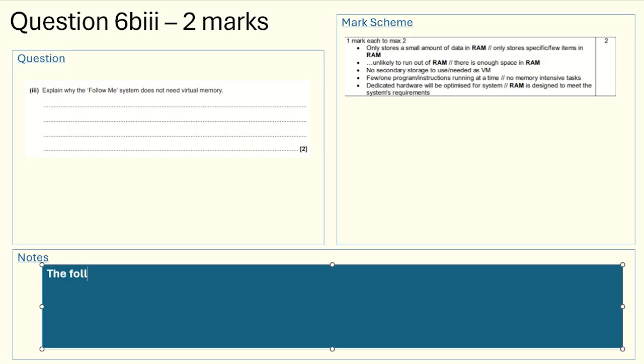So we could say the follow me system only stores a small amount of data in RAM due to the few items of data that are needed.